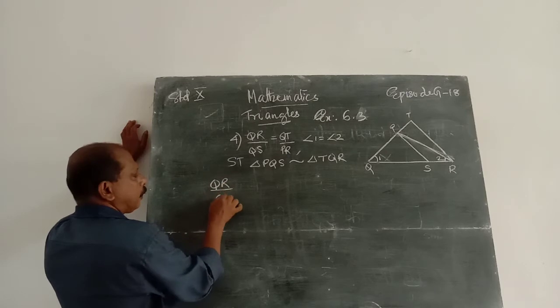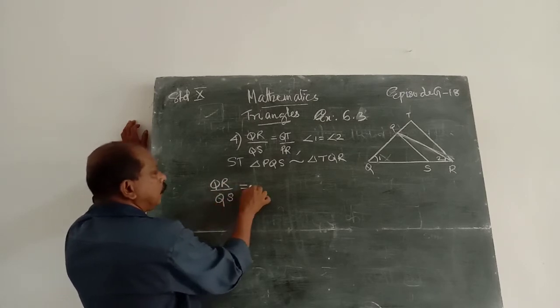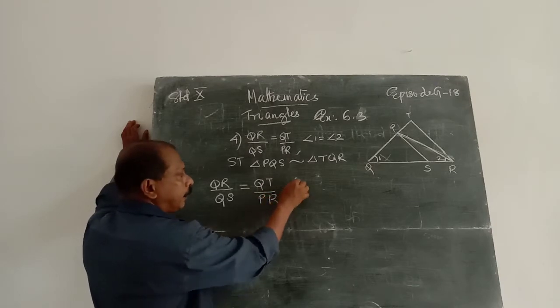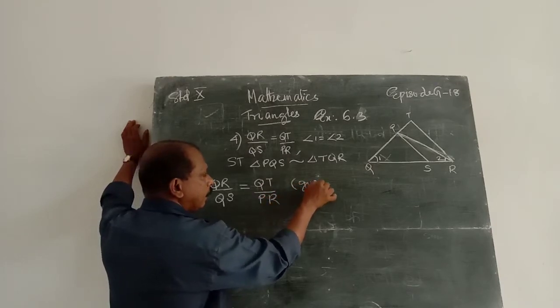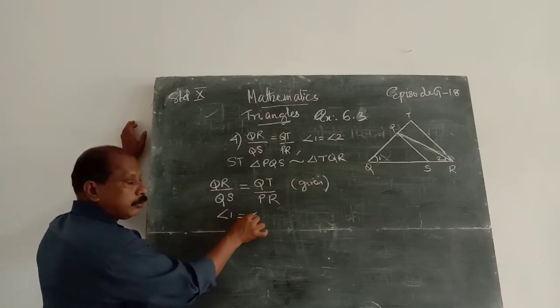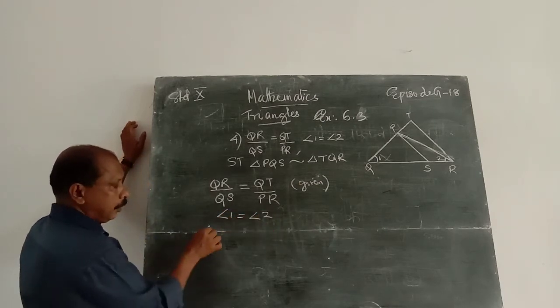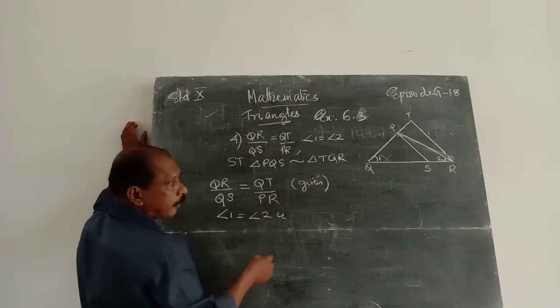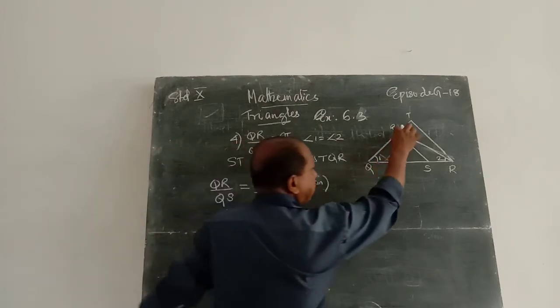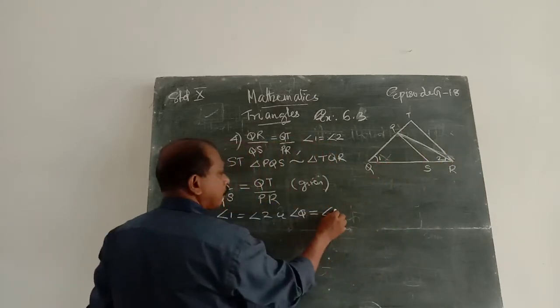Therefore, the answer is: QR by QS is equal to QT by PR. That is given. And angle 1 is equal to angle 2 is also given, that is, angle Q is equal to angle PRQ.